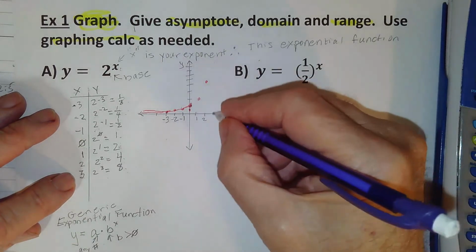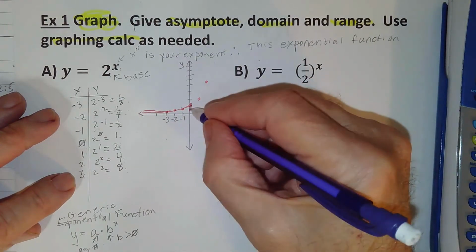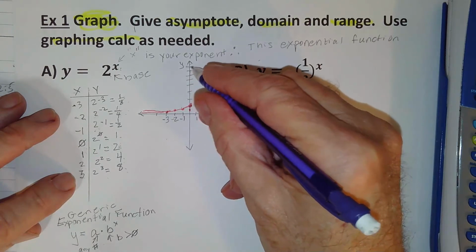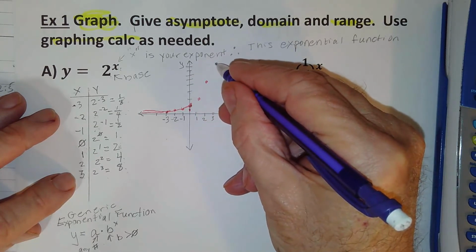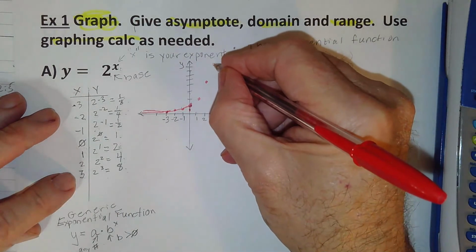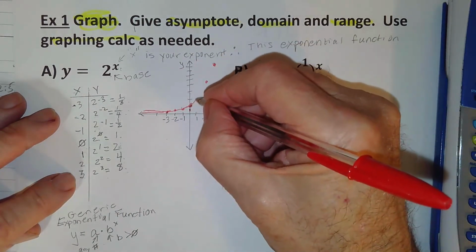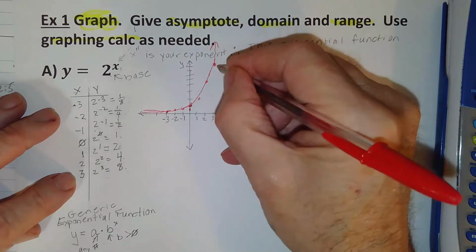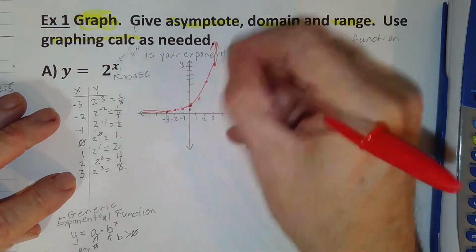Now here's 3, and 1, 2, 3, 4, 5, 6, 7, 8. It's about somewhere around here. So you can see what's happening is this kind of ramps up. It doesn't go vertical completely. It's just kind of going like this.